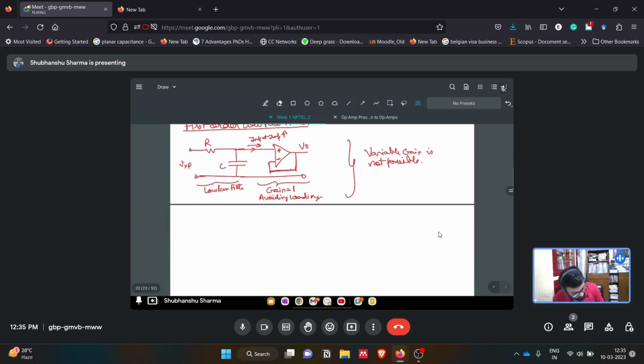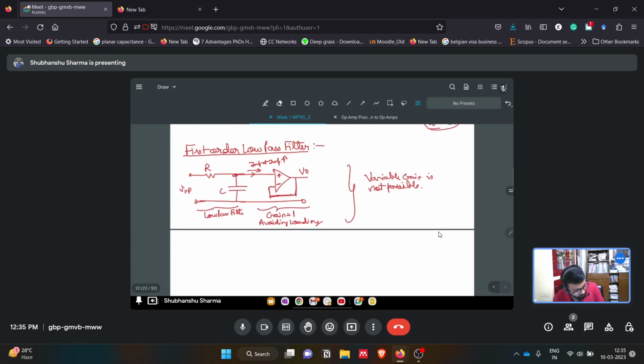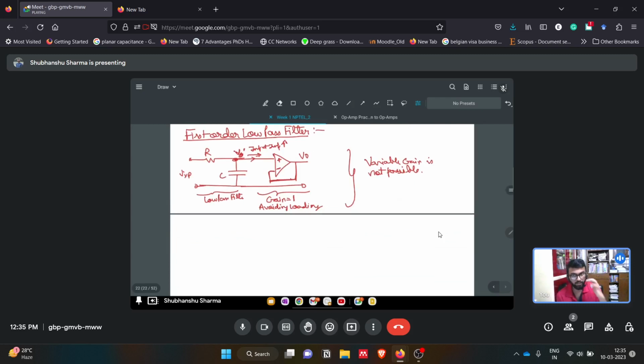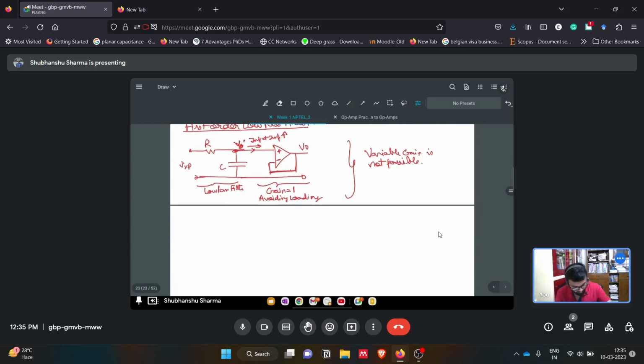In order to get variable gain, consider that we got the intermediate voltage, the output of this low pass filter, and the op amp provided a gain of 1 and finally gave the output V naught, while avoiding the loading effect. But if the input voltage is very small and we have to increase the voltage we got from this RC filter, then we use a gain amplifier instead of this buffer.